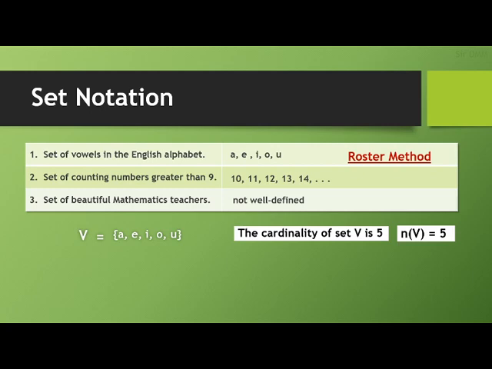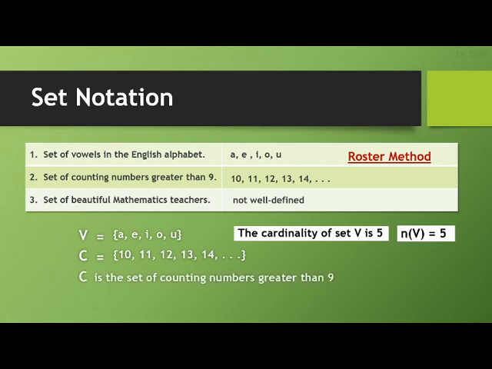Number 2, set of counting numbers greater than 9. Let us name this set as set C. So set C contains 10, 11, 12, 13, 14, and so on. So as you can see, we cannot enumerate all the elements of the counting numbers greater than 9, so we put ellipses. So this set can be written in rule method.